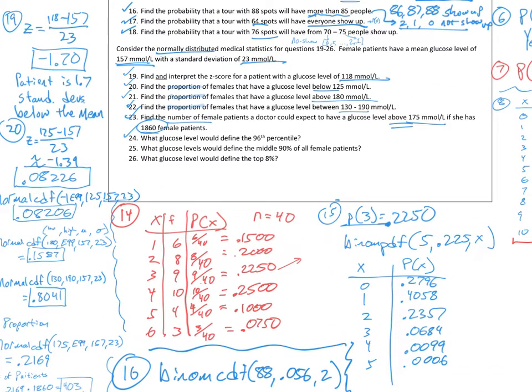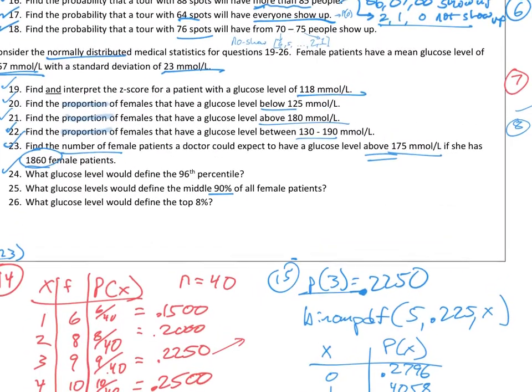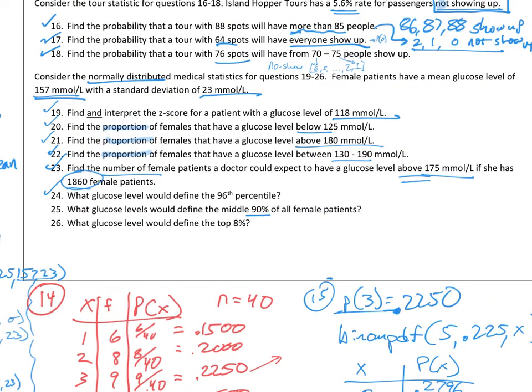All right, what glucose levels would define the middle 90% of the females? Okay, so middle 90%. Think about our normal curve, or bell curve here, and the middle 90%.